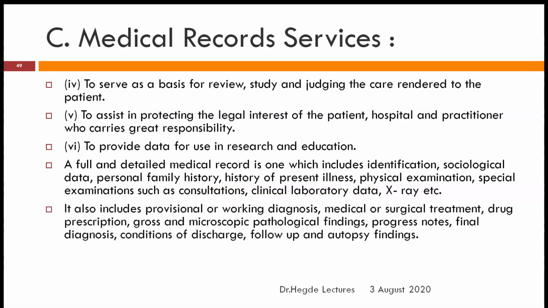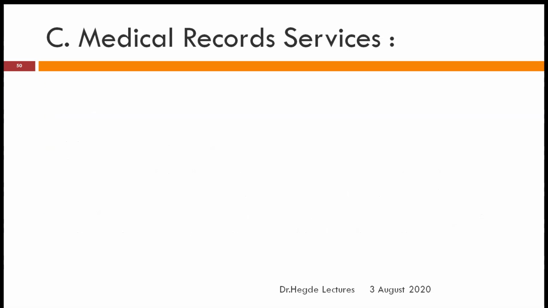It can also include provisional or working diagnosis, medical or surgical treatment, drug prescriptions, gross and microscopical pathological findings, and progress notes. Then the final diagnosis, the provisional as well as final diagnosis, the conditions of discharge, any against medical advice, follow-up, and the autopsy findings.